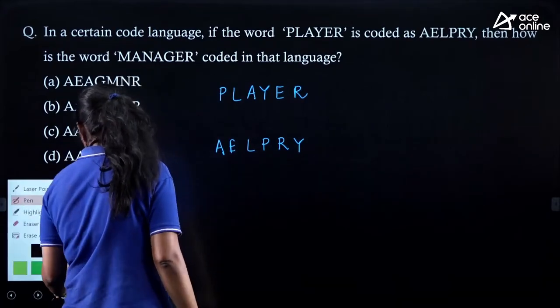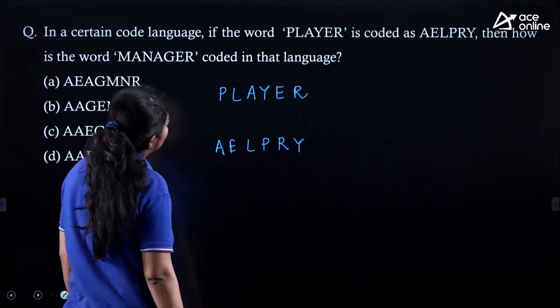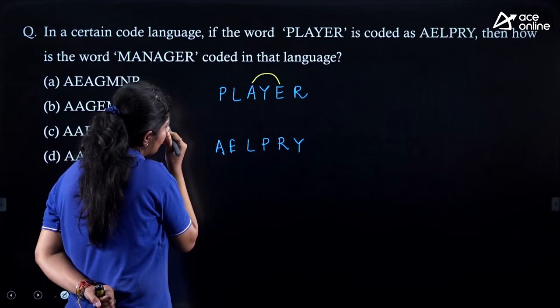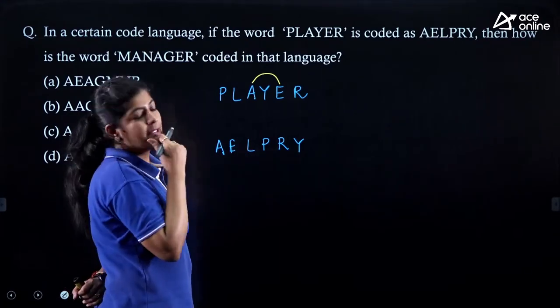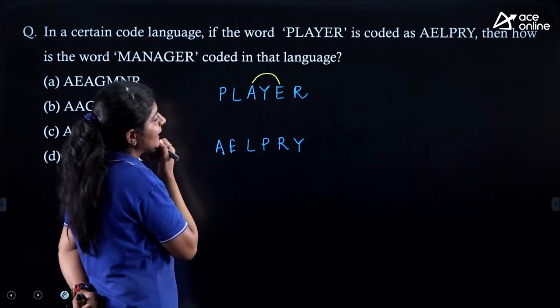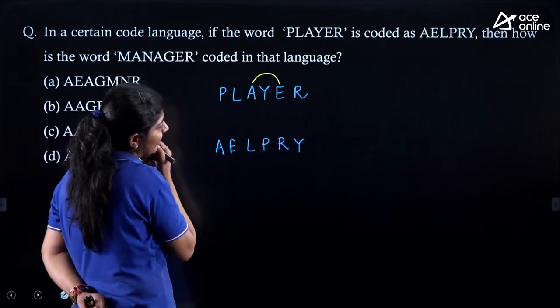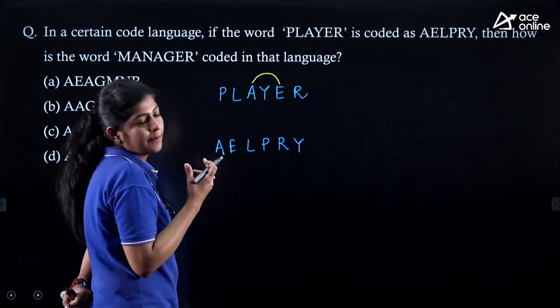I guess we have written the vowels first. These are the two vowels, right? We have written these vowels first, but what is the logic in this one? If you notice here, we just wrote all the alphabets in alphabetical order, or we can say according to the associated numbers.